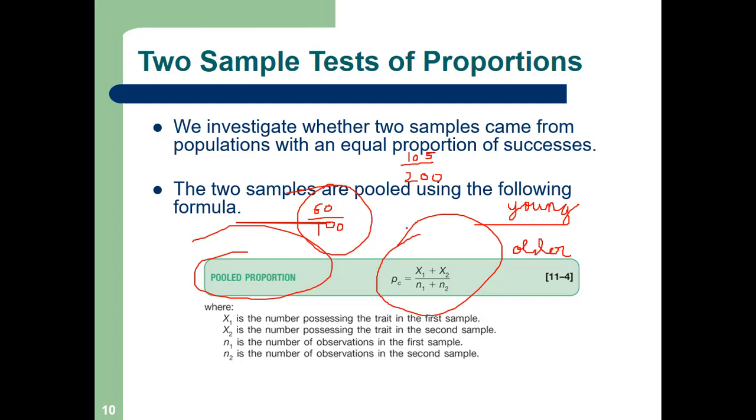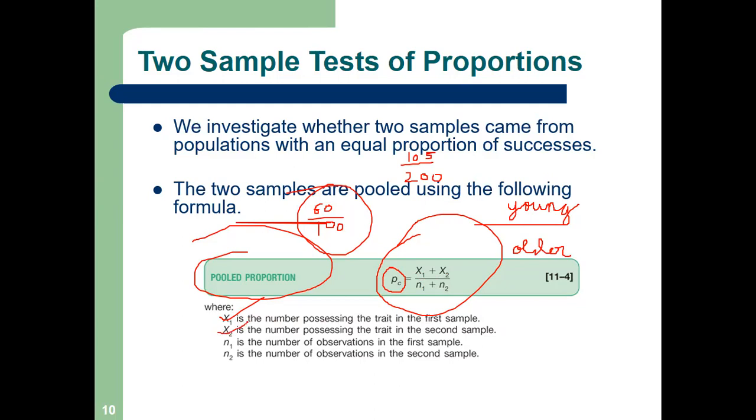So how can we write the pooled proportion? PC is equal to x1 plus x2 divided by n1 plus n2, where x1 is the number possessing the trait in the first sample. First sample means young females, so x1 is the liking of the fragrance by young females.